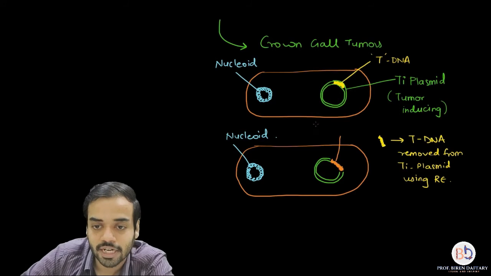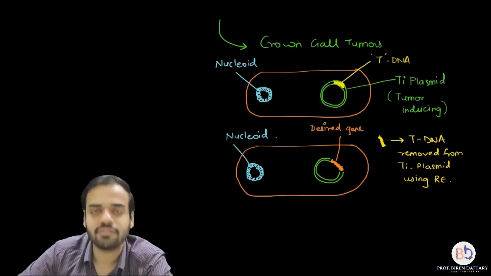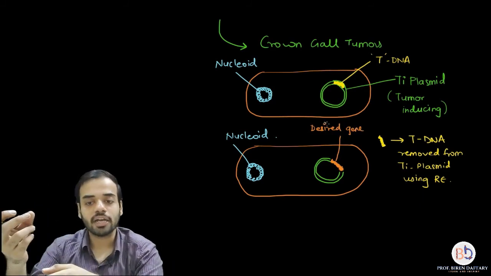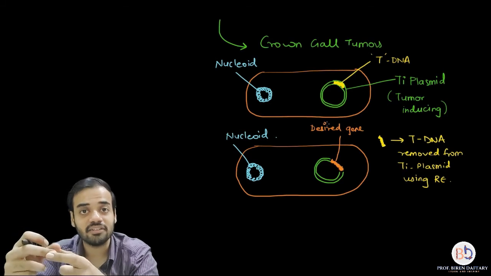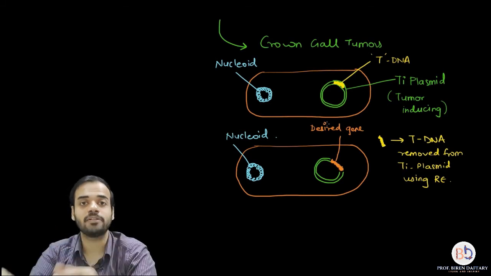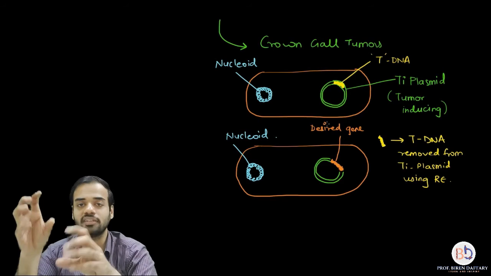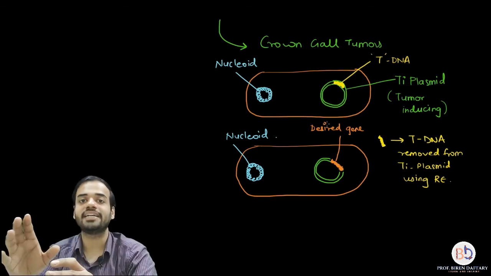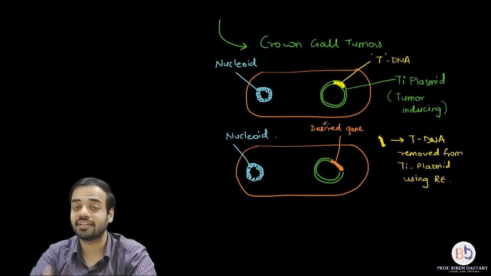I should write over here: desired gene. It can be any desired gene. I am just giving you an example of apple trees. So I have inserted the desired gene which can increase the size of the apples. Now this Agrobacterium does not have tDNA; it has the Ti plasmid, but with the desired gene.